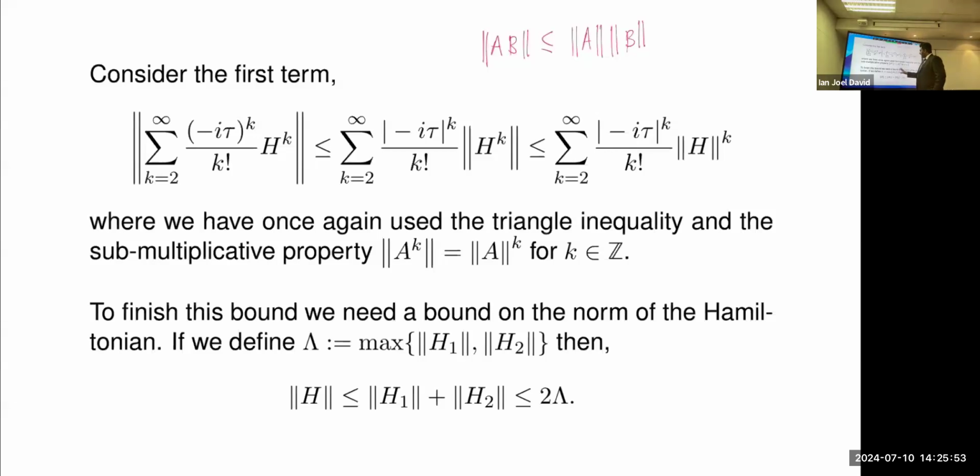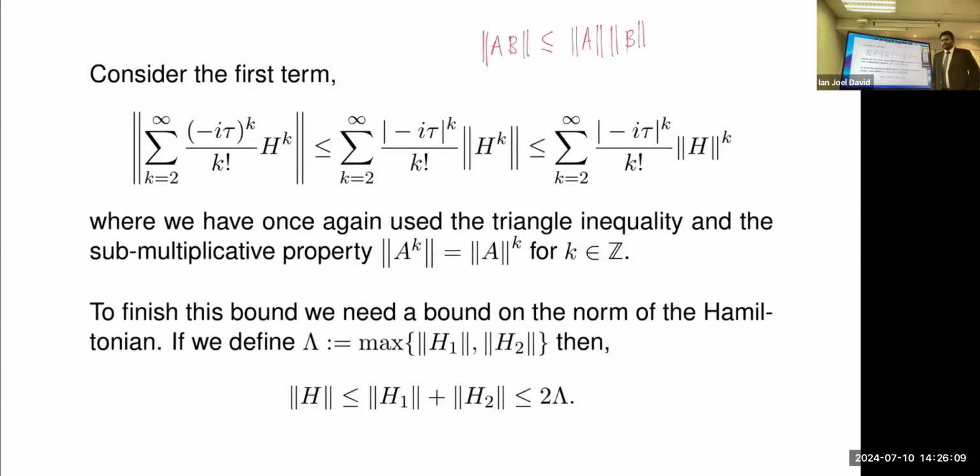We're using the same idea here, which is that we found a way to bound the norm of the Hamiltonian in terms of the maximum of the norms of the individual terms and the number of terms in our Hamiltonian.